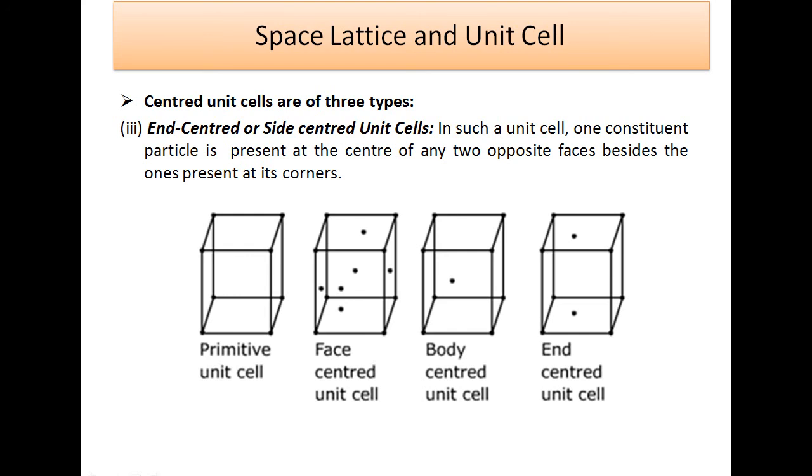In the body-centered unit cell, we have particles at the corners as well as at the body center. In the end-centered unit cell, the particles are present at the corners as well as at the center of the 2 opposite faces of the given cell. So this is known as the end-centered unit cell.